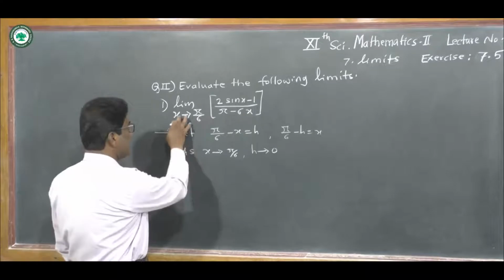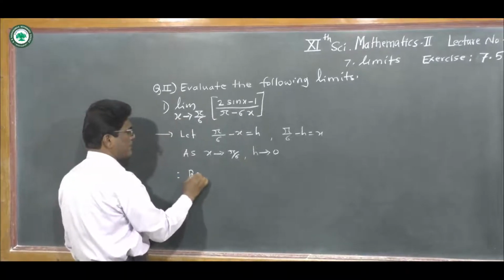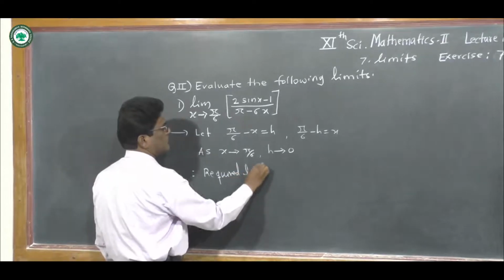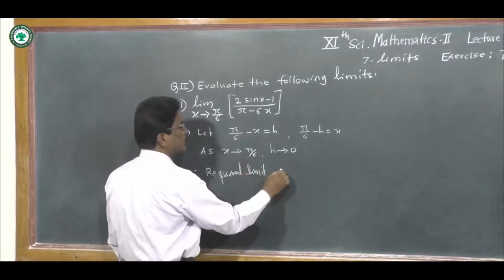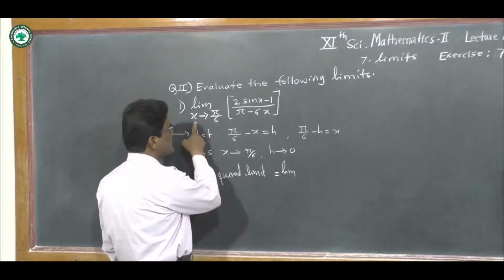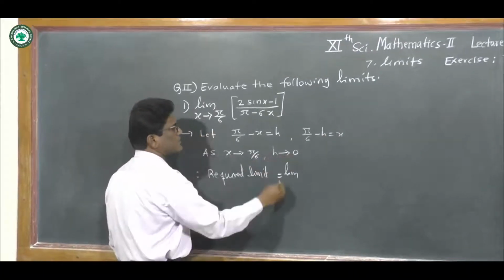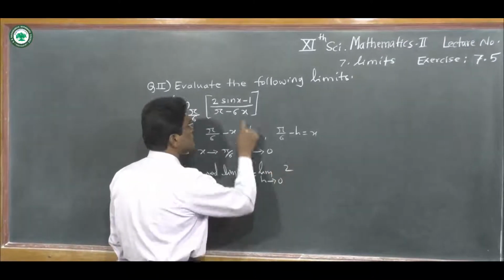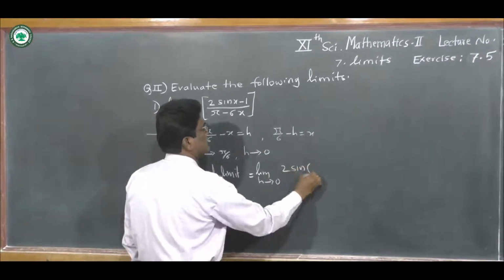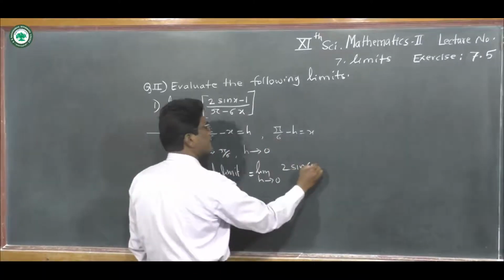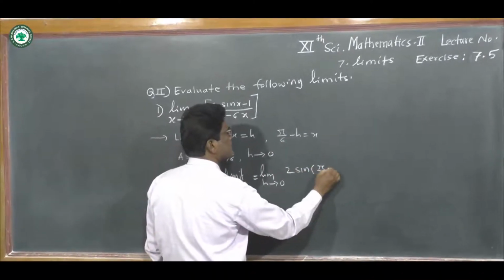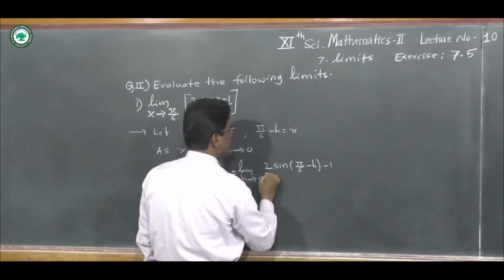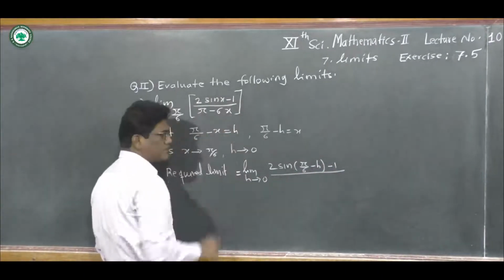Therefore the required limit is equal to limit as, now we change x tends to pi by 6 to h tends to 0, of sine of, now we replace x by pi by 6 minus h, that is sine of (pi by 6 minus h), minus 1, divided by pi minus 6x.